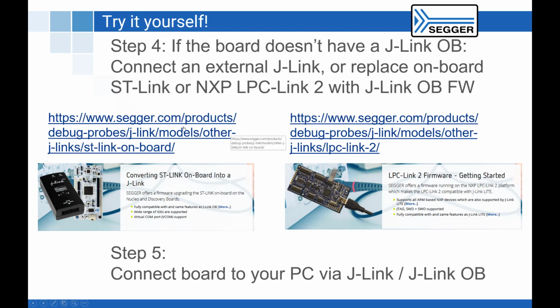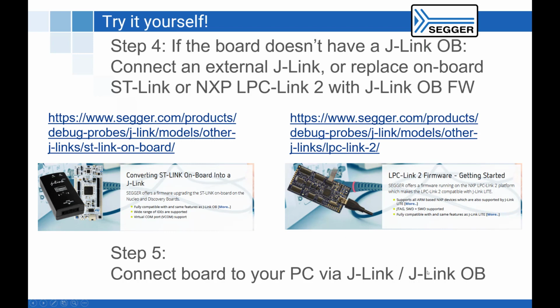So we have utilities on our website that let you replace the ST-Link or the LPC Link firmware with a SEGGER J-Link OB firmware. So you can make that ST-Link or LPC Link a lot faster, and you can use all the SEGGER J-Link utilities under evaluation, obviously. So just for you to check out how it feels to use a J-Link compared to some of these other implementations.